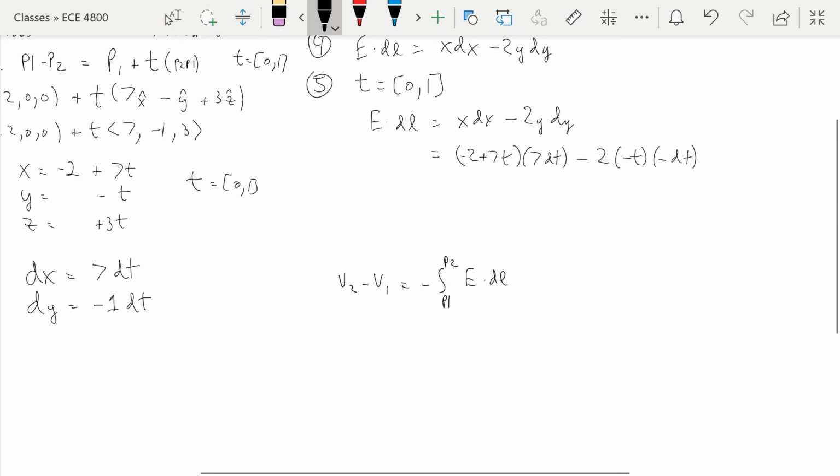So this is negative 14 dt plus 49t dt. And these two negatives cancel, so it's minus 2t dt.